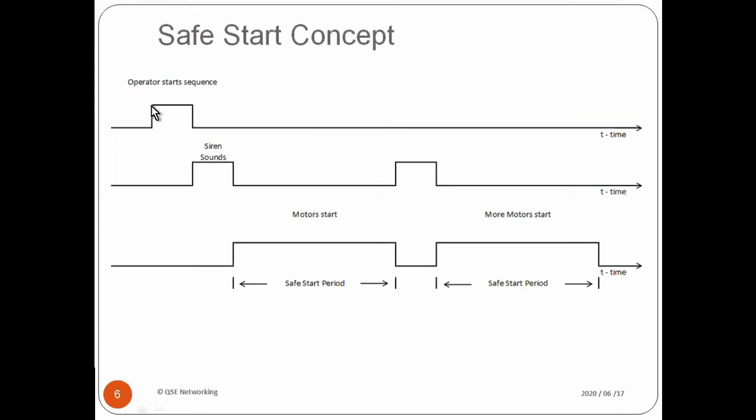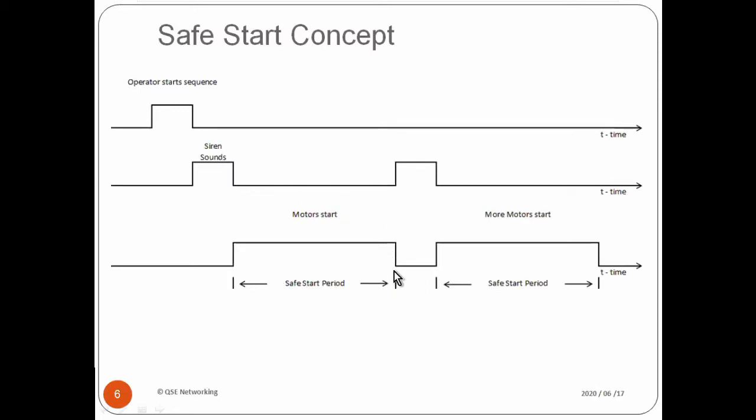So what would happen is the operator would start the sequence or plant. He would then start it. The siren would sound for 10 seconds or a minute, depending on the plant and the area. And then there would be what they call a safe start period. And during this time, motors would start. Motor 1, motor 2, motor 3.